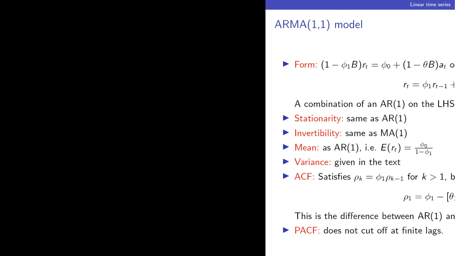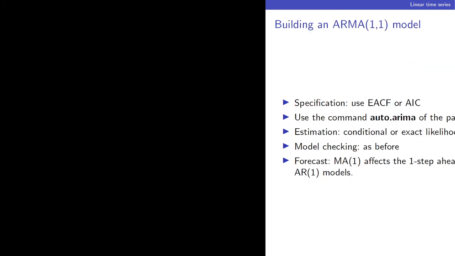This is the big difference. And regarding partial autocorrelation functions, they don't cut off after a finite number of steps, which is pretty interesting because it gives more accurate prediction.